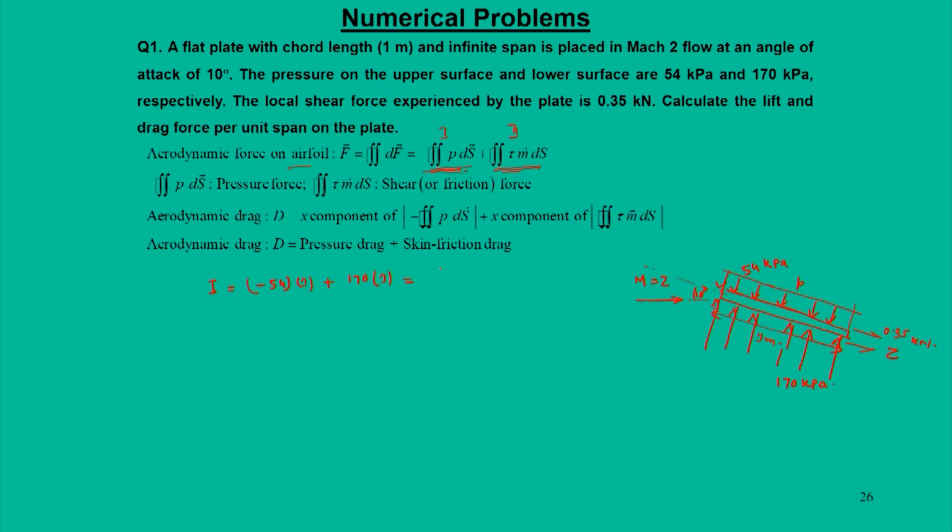We are evaluating this for unit span. So the total pressure force, term 1, which we call F p, is equal to 116 kilonewton.